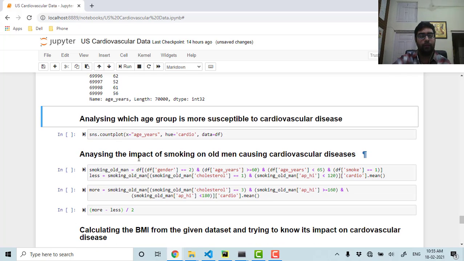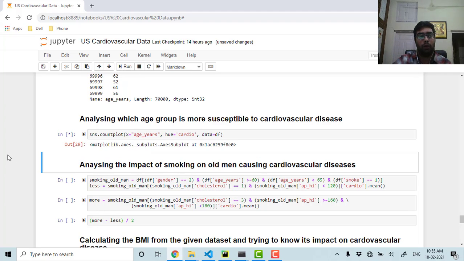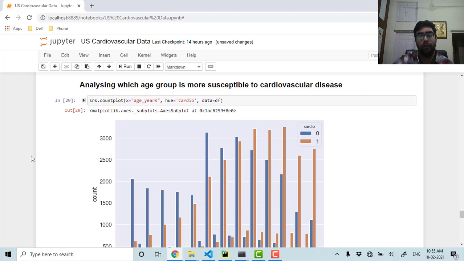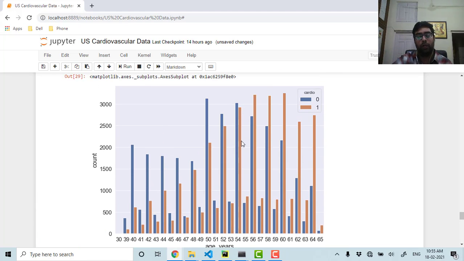Now let's analyze which age group is more susceptible to cardiovascular disease. I feel that it can be a good feature which can tell us about the impact on cardiovascular disease. As you can see, we have the data for each year and the related cardiovascular disease.